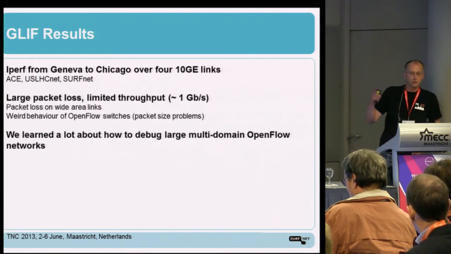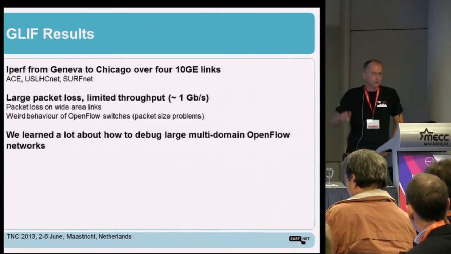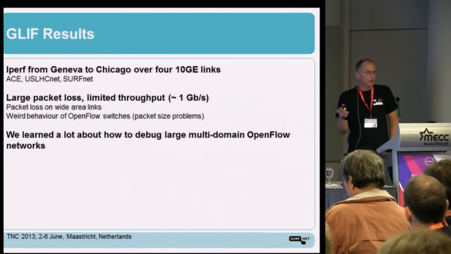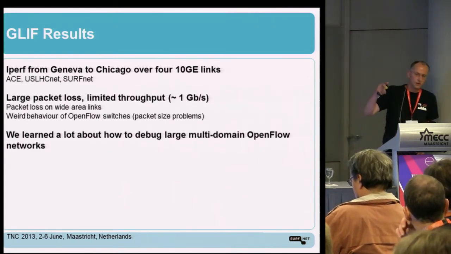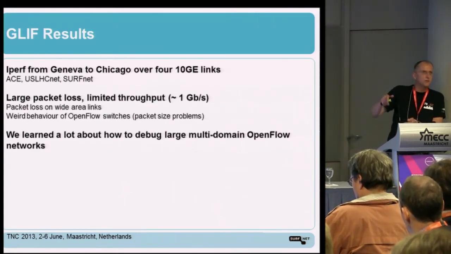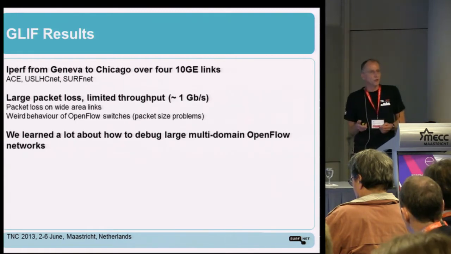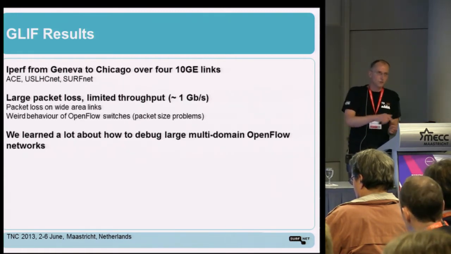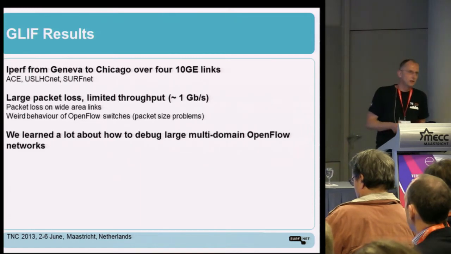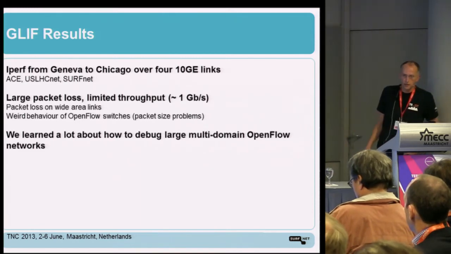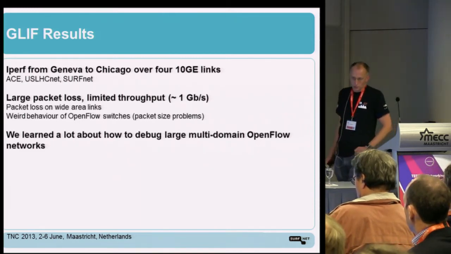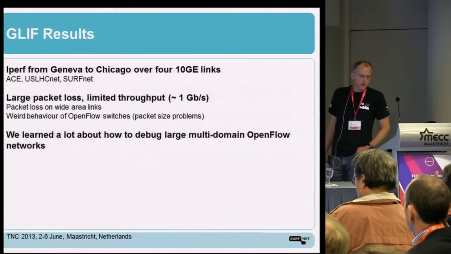But in this case, it also stopped working below the MTU. And the strange thing was that if you then decreased the packet size, it still didn't work. Only when you sent a really small packet did it start working again. These were the problems we had at GLIF.